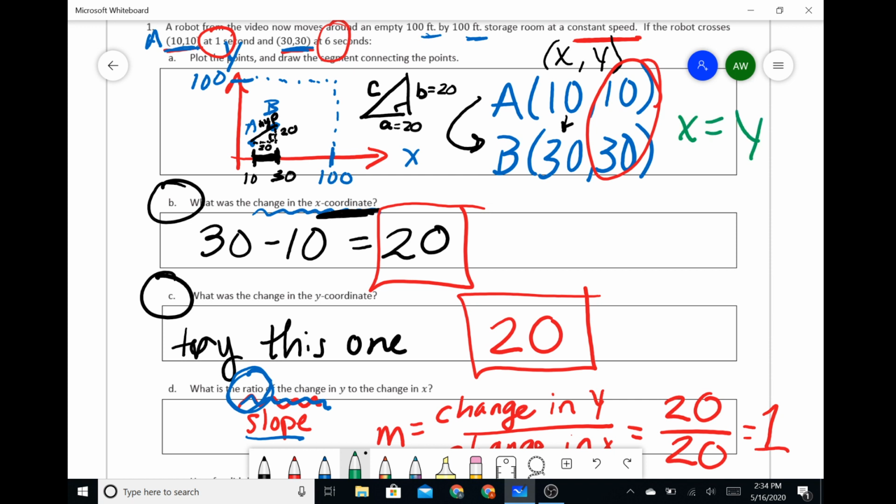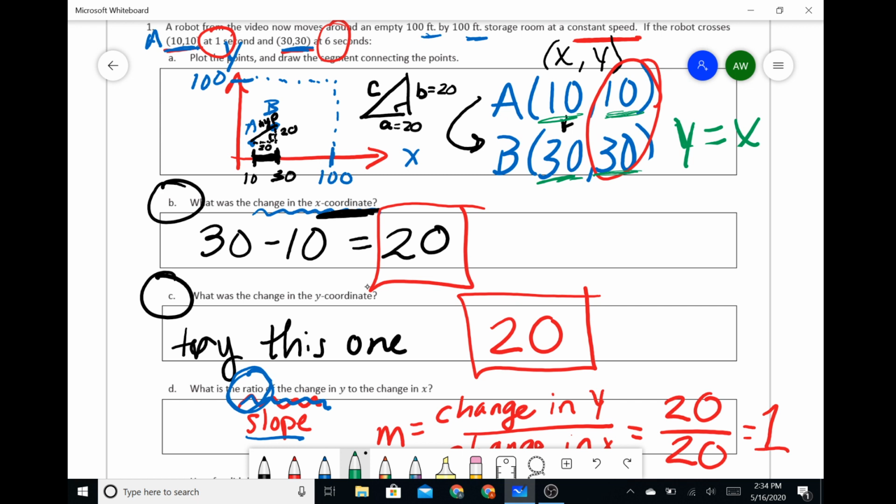X is equal to y. So actually, we usually write that the other way around. So I'm going to write y is equal to x, because this falls into the form of y equals mx plus b a little bit better than that. If my y value is 30, my x value is also 30.